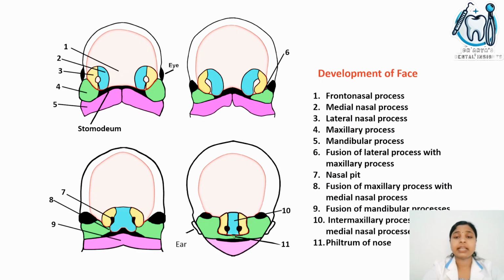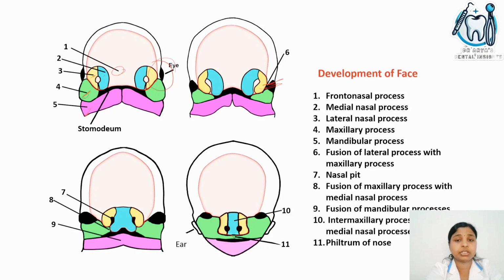So this is the development of the face. Here this is the frontonasal process, and here it is the medial nasal, then this is the lateral nasal process. This is the maxillary process and this is the mandibular process, and this is the future eye. And here it is the fusion of lateral process and the maxillary process.